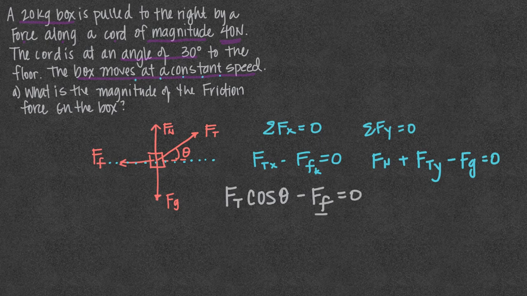Now if I'm looking for the force of friction, the Ft cos theta, add F friction to both sides, and now I can make my substitution because I know that the magnitude of the force is 40 newtons and the angle is 30 degrees.